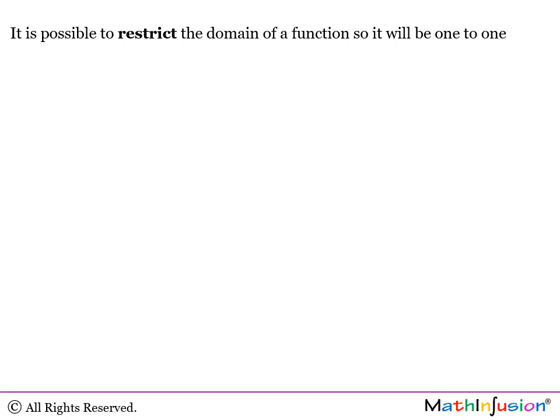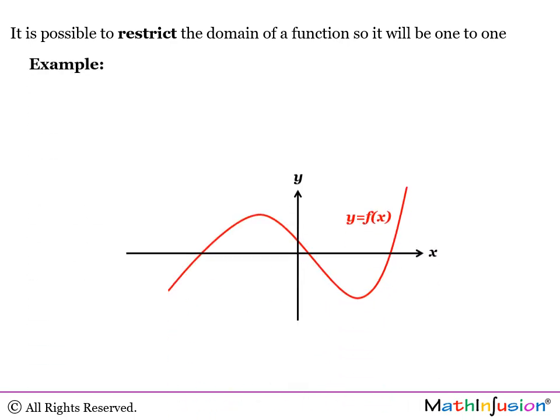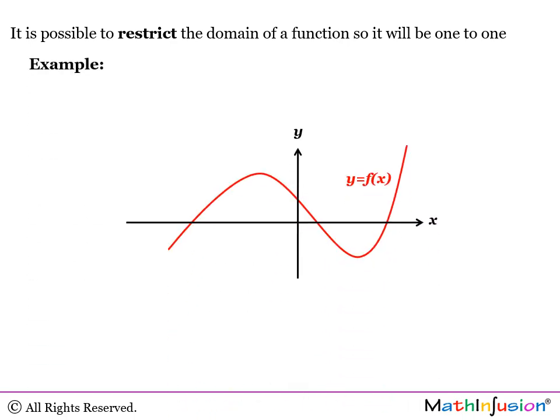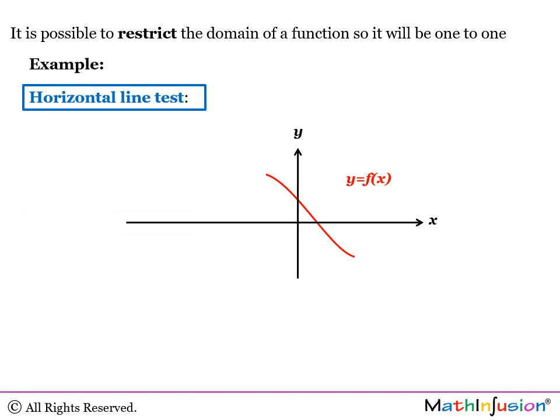It is possible to restrict the domain of a function so it will be one-to-one. Example. We already know that this is a graph of a function which is not one-to-one. But if I restrict the domain of this function only to this part, then it is one-to-one. Here's the horizontal line test.